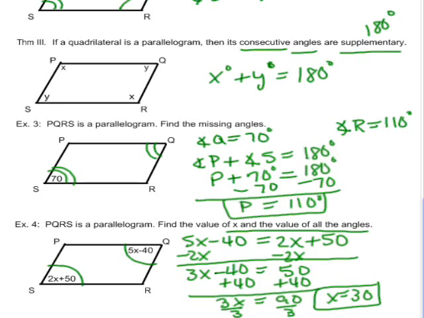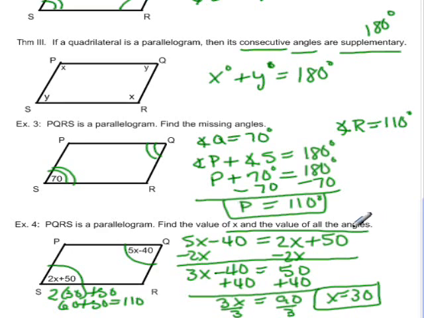Okay class, did you get x is equal to 30? Good. And if you know that x is 30, then you can find all of your angles by subbing 30 into x. So 2 times 30 plus 50 is going to be 60 plus 50, which is 110.